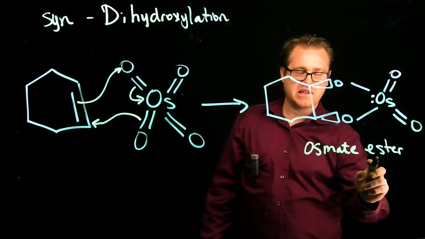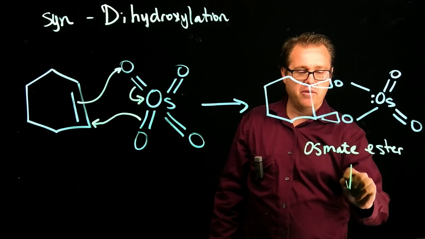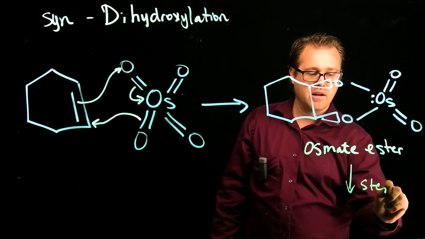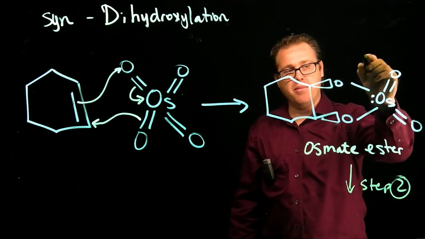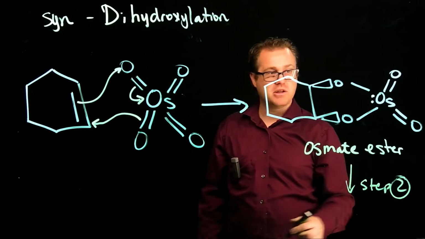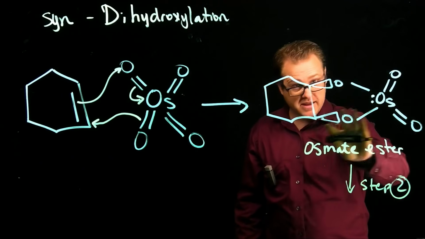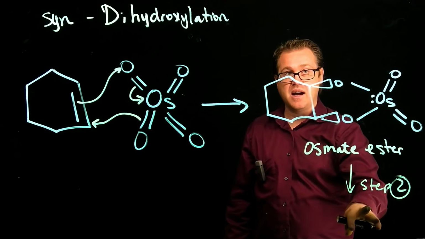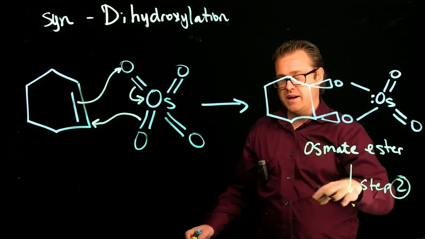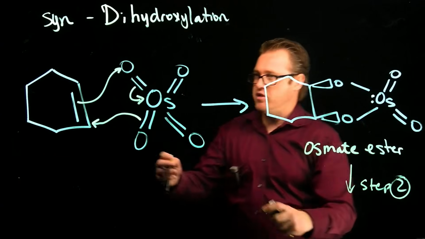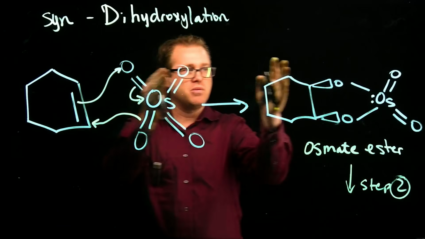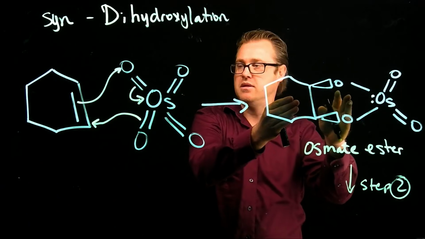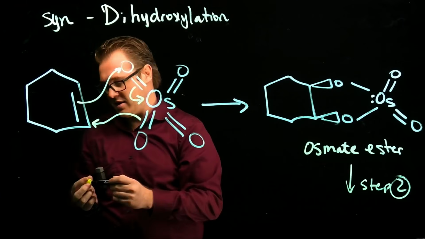And then you make this osmate ester, and then you treat it with step 2 of your conditions, and that will chop this off and convert them into an alcohol. So you don't need to know how this gets converted into the diol. Those mechanisms we don't need to worry about. You just need to understand this first part because it explains why you get syn addition, because it is a concerted process.